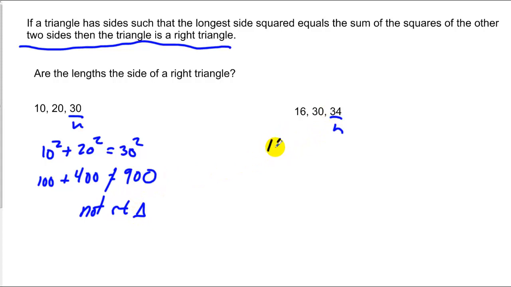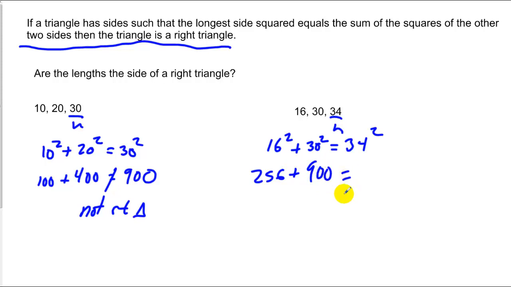Likewise, in this example, 16 squared plus 30 squared should equal 34 squared if this is a right triangle. 16 squared is 256. 30 squared, once again, we said was 900.